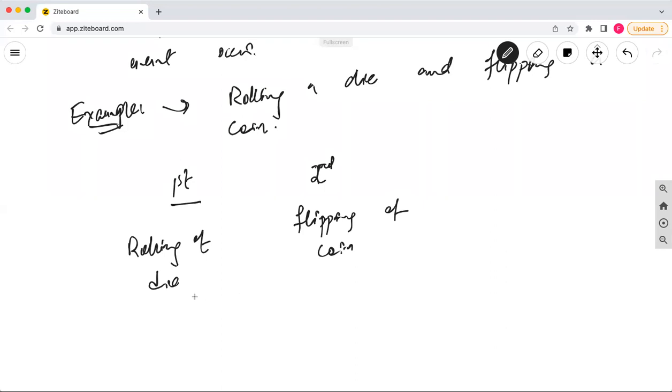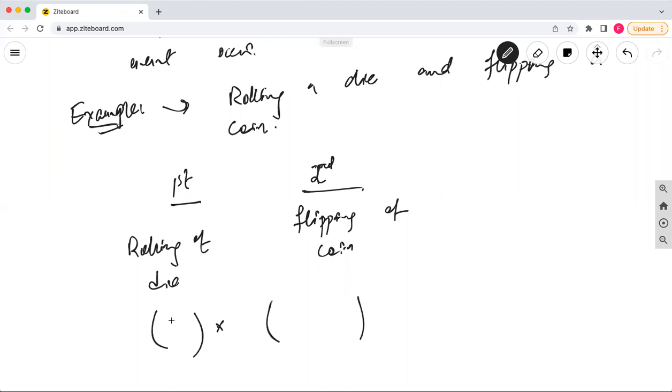In the first situation, in the rolling of the die, we have 6 outcomes. Will that affect the flipping of the coin in the next event? No. The rolling of the die is totally independent of the flipping of the coin. Whatever the outcome of this event, it will not affect the outcome of the other event.